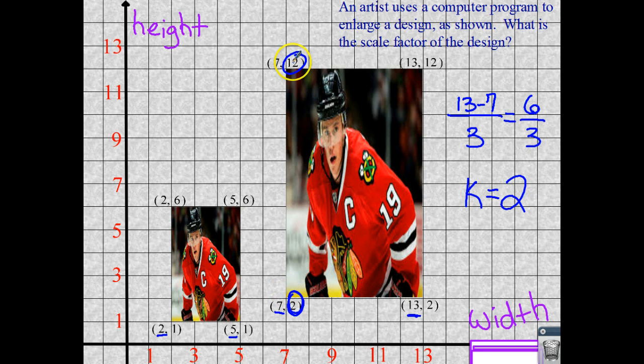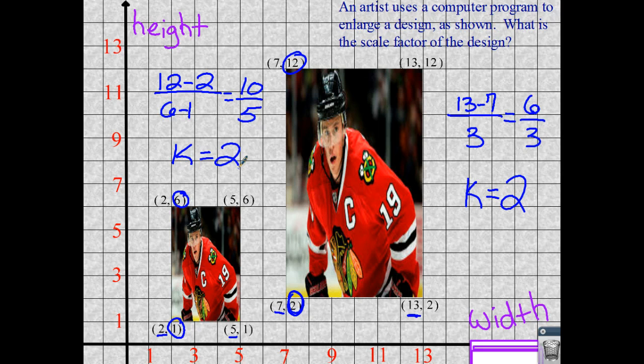So the height difference is 12 subtracted by 2 over, now let's find the difference of the height of the original picture. So I can take 6 subtracted by 1, and I'm going to end up with 10 over 5, reduced would be, again, K is equal to 2.